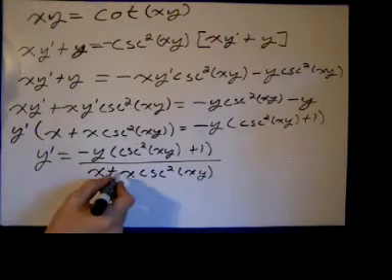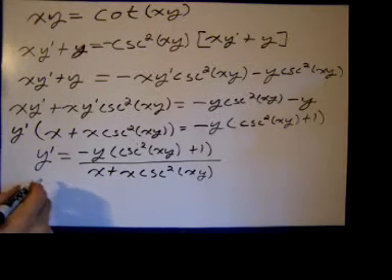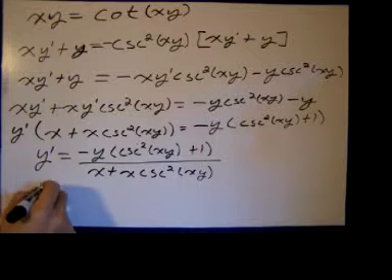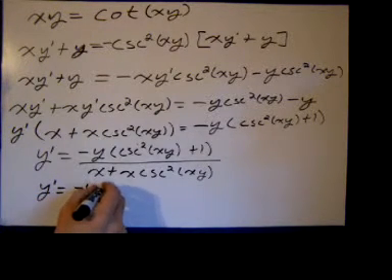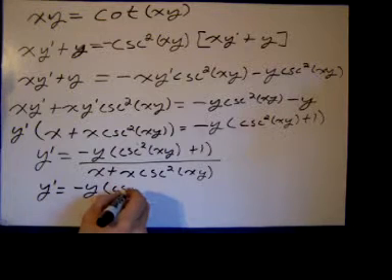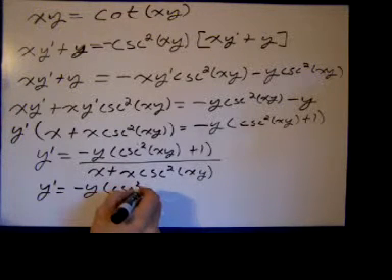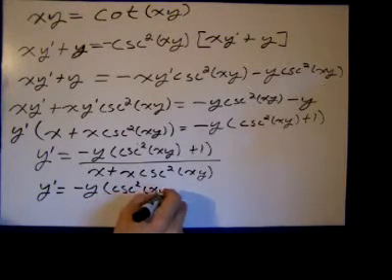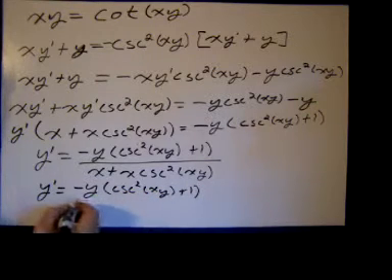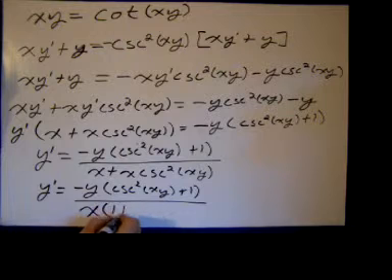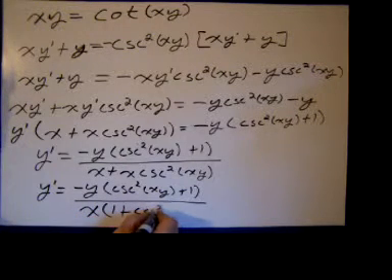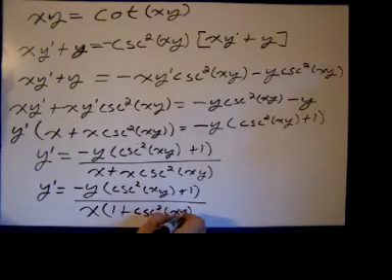Now I'm going to factor out an x from the bottom term, and this makes this derivative much easier. So we get negative y, and the numerator is still the same, cosecant squared of xy plus 1, divided by, factoring out an x, 1 plus the cosecant squared of xy.